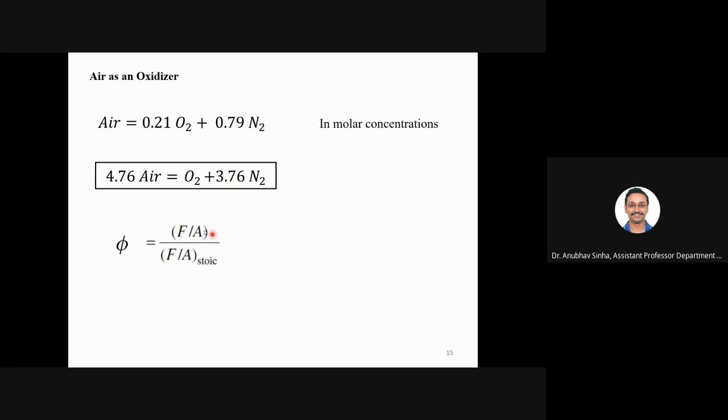When I now define the equivalence ratio with respect to air, I will not say fuel by oxidizer, I will say fuel by air ratio. This will be used in your calculations. Let's say I have to calculate the equivalence ratio for a given fuel burning in air, then you will use this proportion.